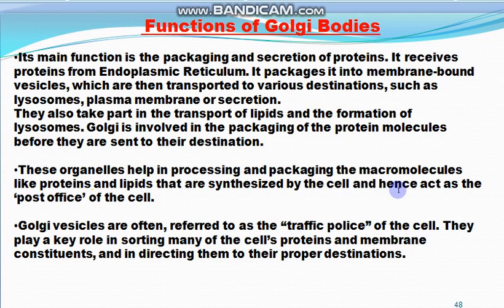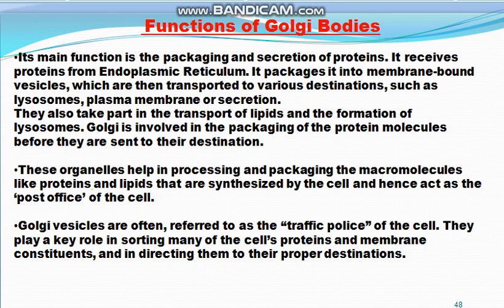And so we can say that the Golgi complex acts as the post office of the cell. And the Golgi complex is also known as the traffic police of the cell because it plays a key role in sorting many of the cell's proteins and membrane constituents and directing them to their proper destinations.